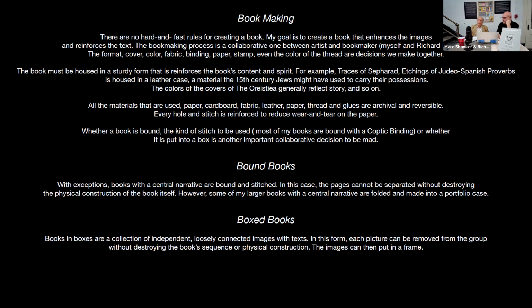Almost everything that's used is archival, so that nothing will deteriorate over time. The materials are paper, cardboard, fabric, leather, thread, and glues, and every hole and stitch is reinforced to reduce wear and tear when you open the book.